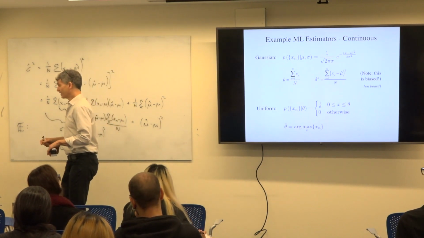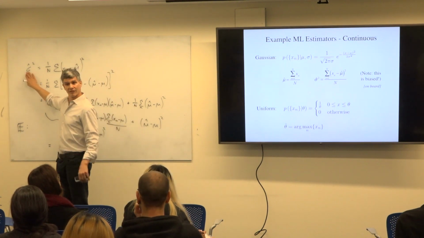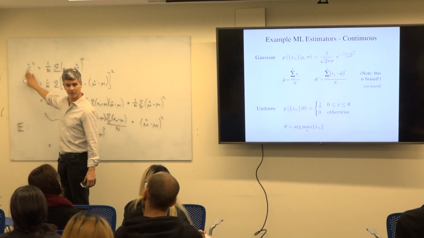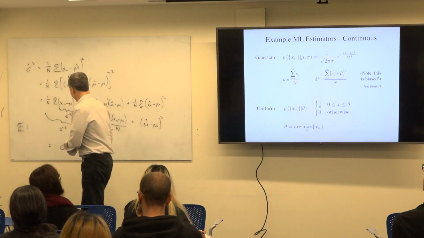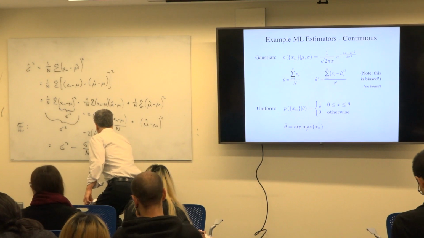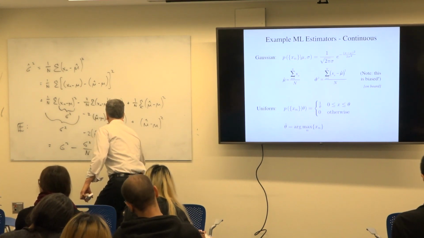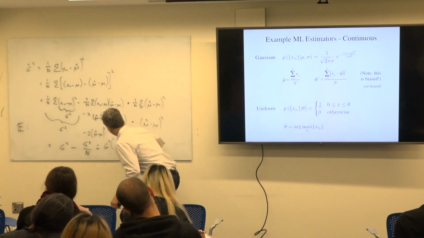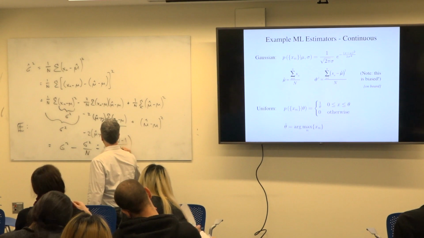Okay? And you probably all know that when we estimate variance, there's a correction. It's kind of obvious. Now I'll write it. So this is sigma squared times 1 minus 1 over n, or if you prefer, you can write n minus 1 over n times sigma squared.